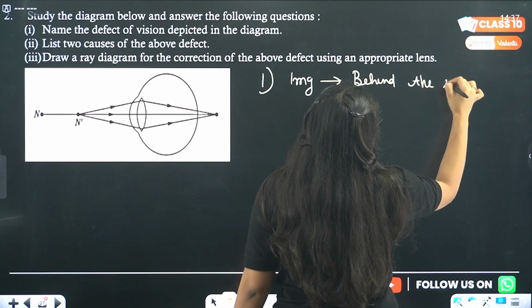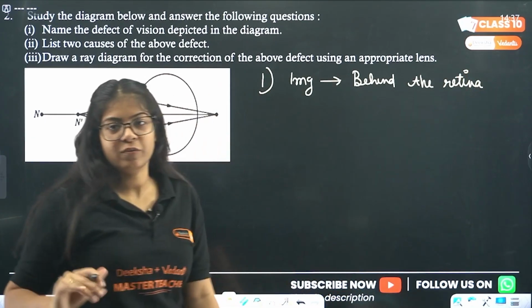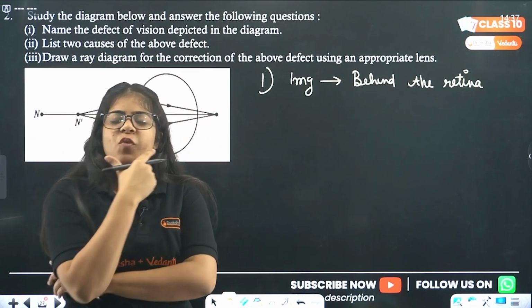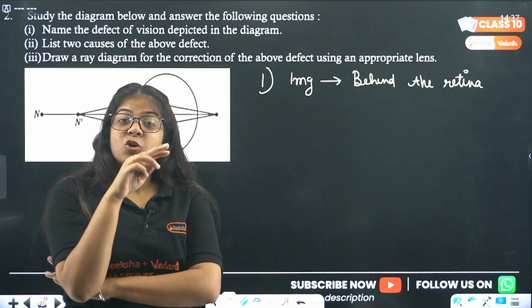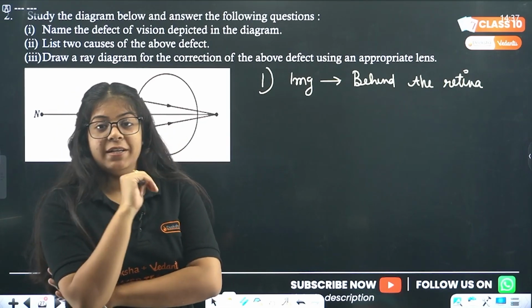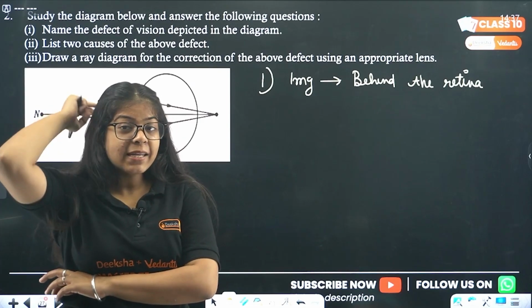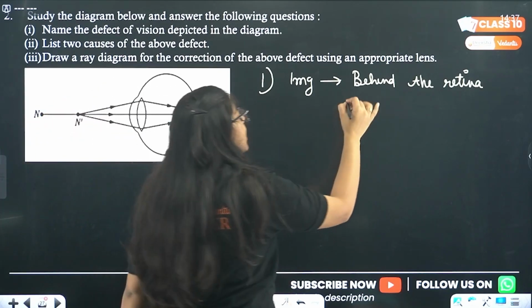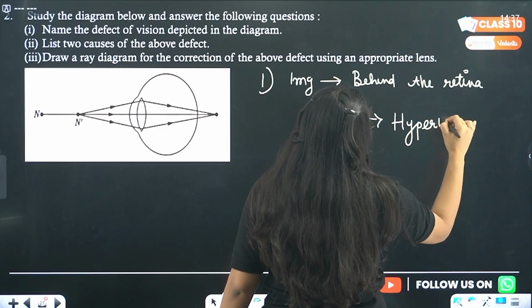That's the first thing you will see. In which case is the image formed behind the retina, myopia or hypermetropia? In myopia, it was in front of the retina. So in here it will be behind the retina. That means it is hypermetropia.